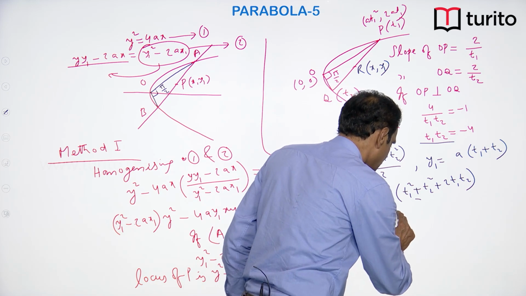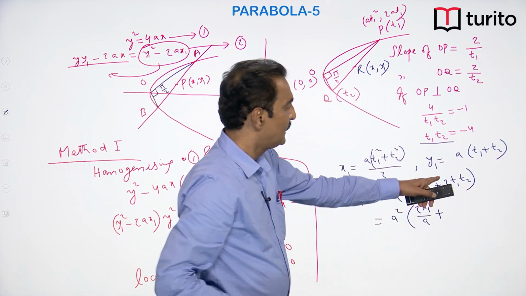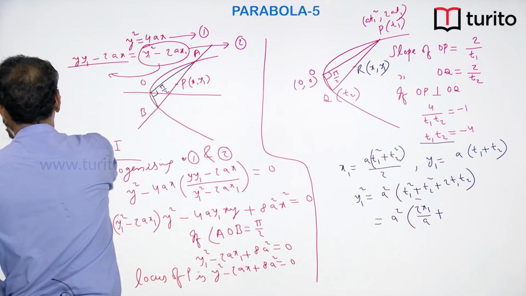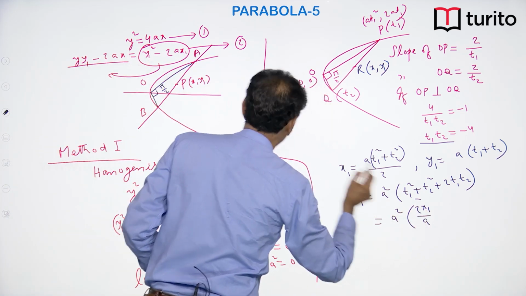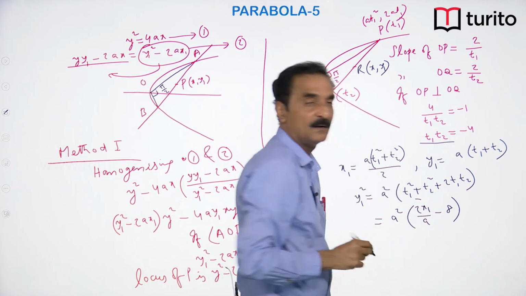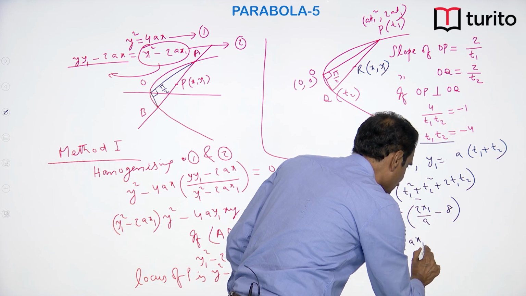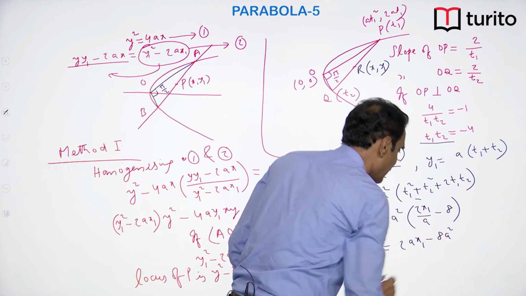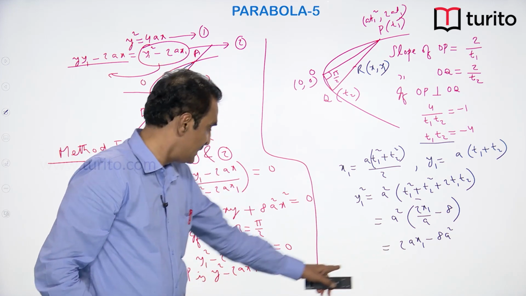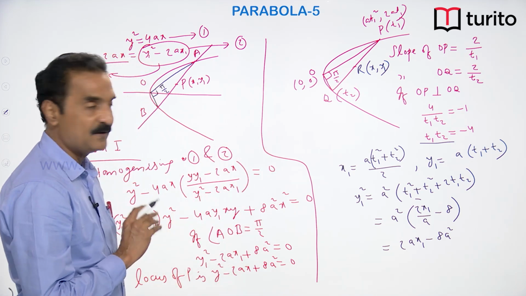Substitute a square into 2x1 by a plus 2 T1 T2, which is minus 8. Then multiplying by a square inside, you will get 2a x1 minus 8a square. So, we got the condition, replacing x1 by x and y1 by y, we get the same equation, same locus. So, this method is looking good.